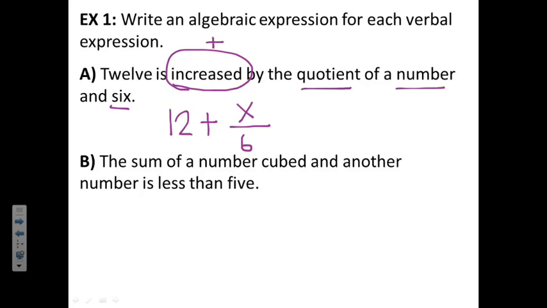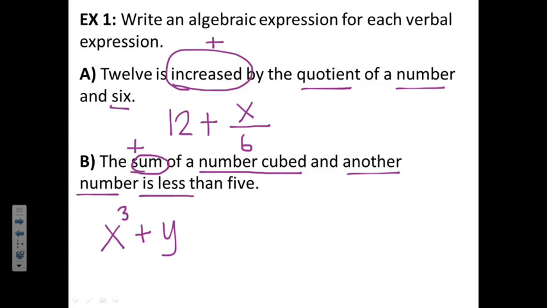On B it says the sum of a number cubed and another number. So sum is important. Sum means we're going to add up several things. I'm going to choose X, we could use whatever variable we want, for a number cubed. Sum means we're going to add a number cubed and another number, so choose Y. And I didn't mean to do this, but it's in here, so we'll go ahead and cover it.